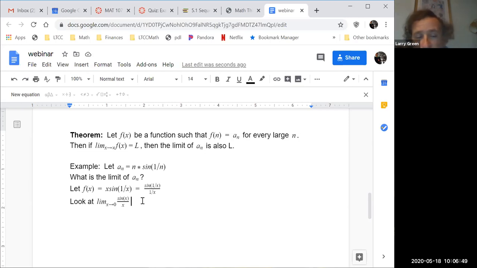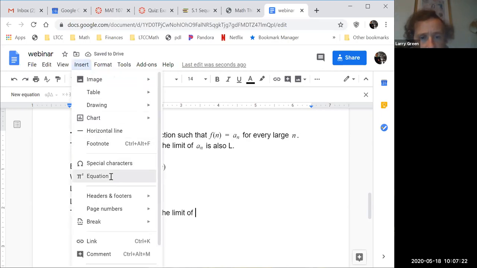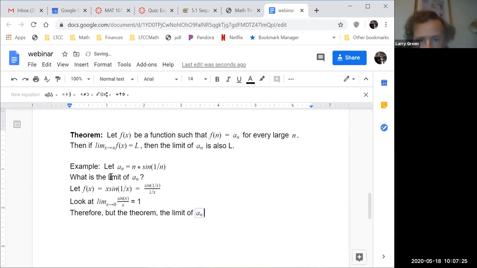You can think of letting u equal 1 over x, and then it just becomes this. What is that limit? You could use L'Hopital's rule and say that's cosine of x over 1. Cosine of 0 is 1. So therefore, by the theorem, the limit of a sub n is 1. Any questions on that?